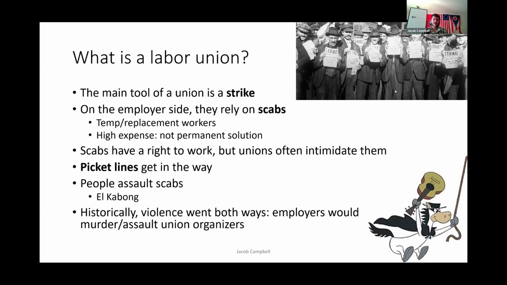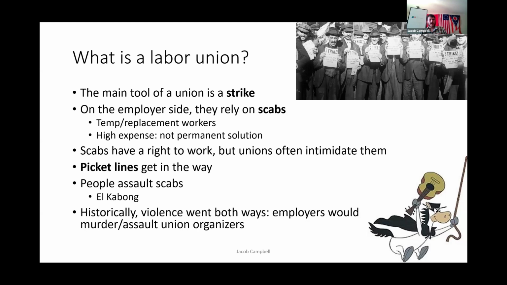Now, on the employer side of things, they're going to rely on what's called scabs. And a scab is either a temporary or a replacement worker. Usually they're just temporary. But the big idea is they're people who are paid higher wages in order to try to break the strike. Now, they're not a permanent solution, in a similar way as to how, say, predatory pricing is not a permanent solution.